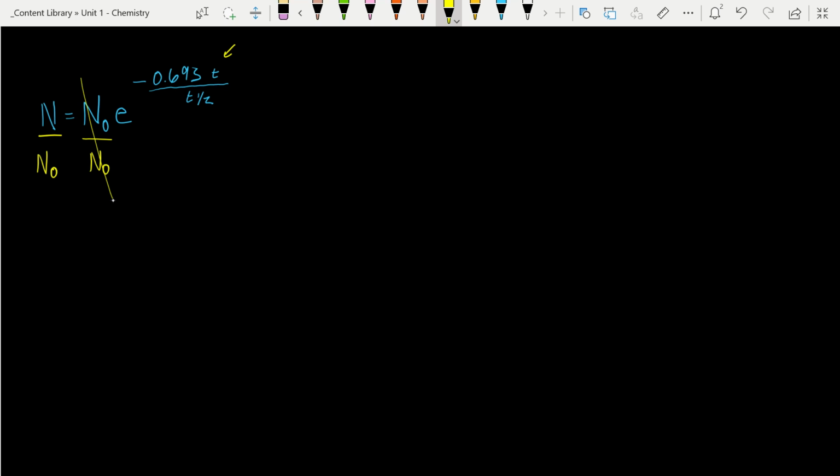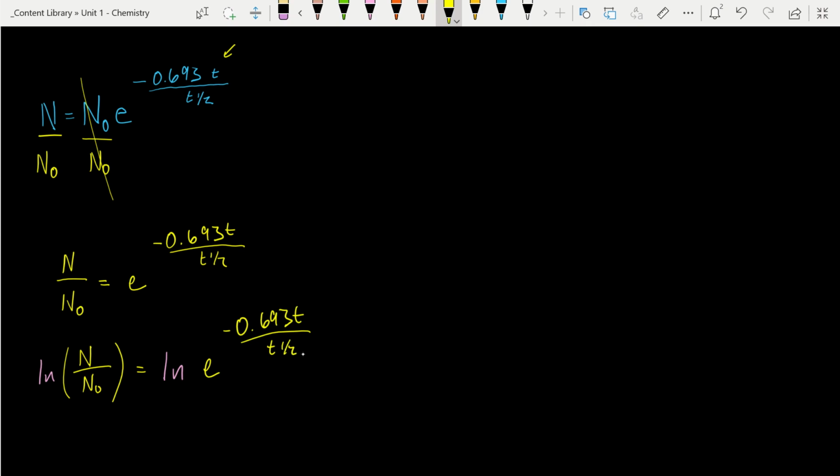And what we're left with is n divided by n naught equal to e raised to the exponent negative 0.693t divided by t half. Now, to get rid of the exponent, all we have to do is take the natural log of both sides. So now we have the natural log of n over n naught is equal to the natural log of e raised to its exponent.